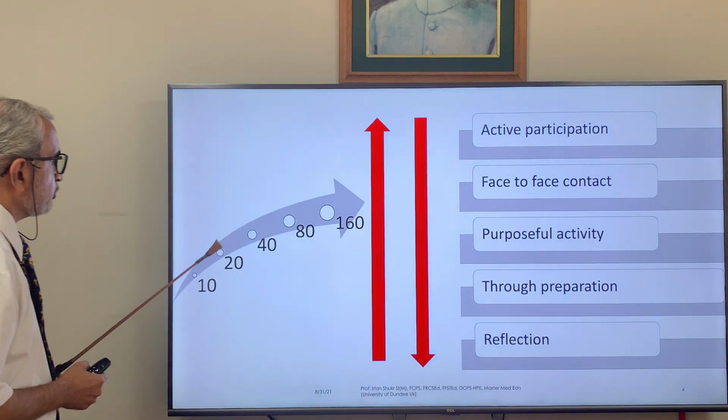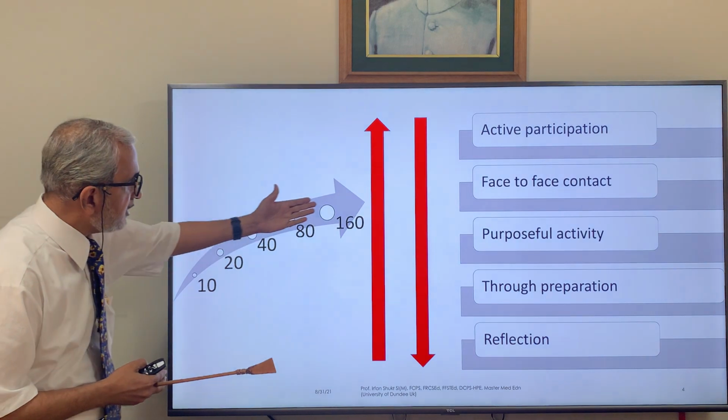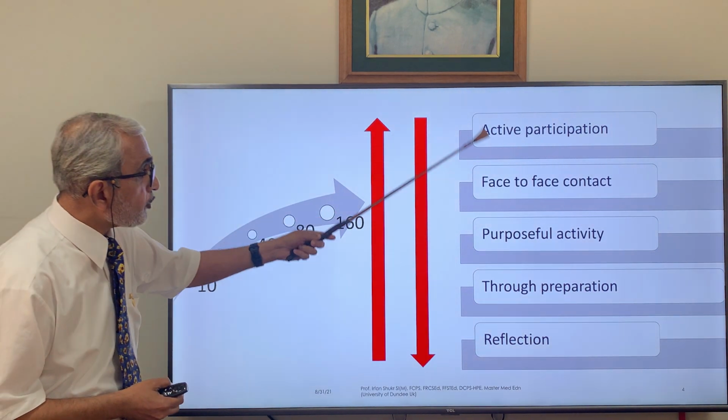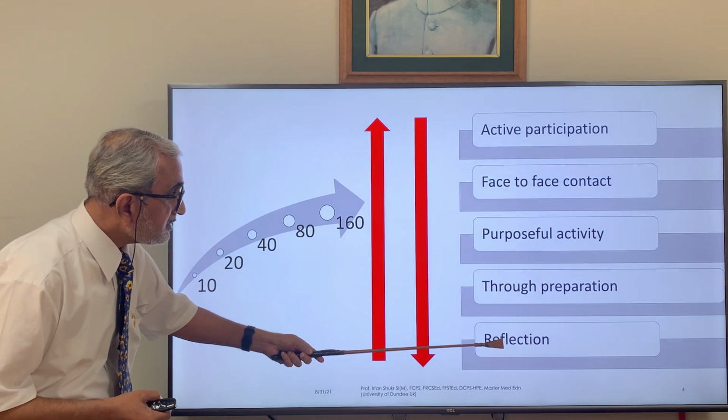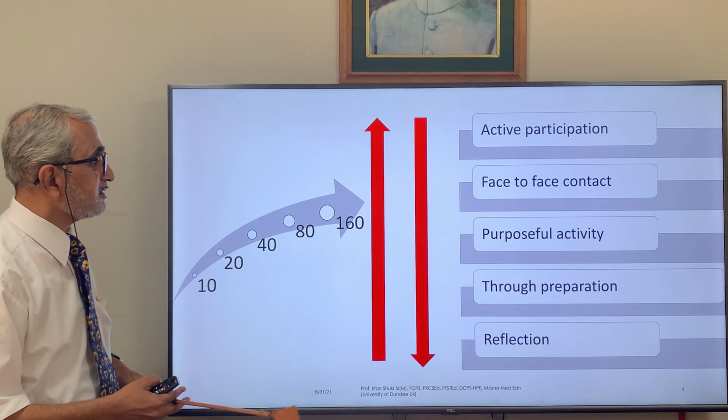And here is the number of students. As the number of students rises, the students are going to experience these characteristics less and less.